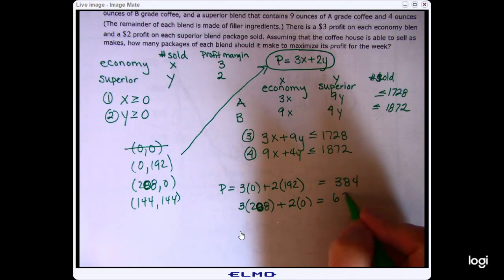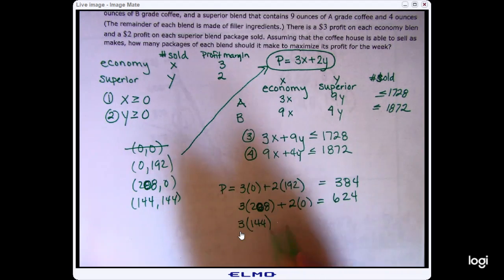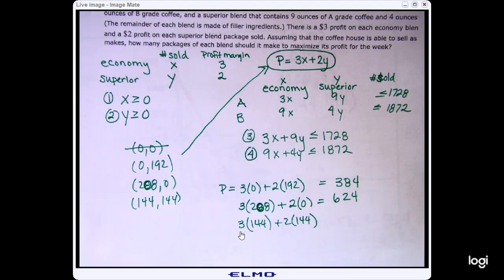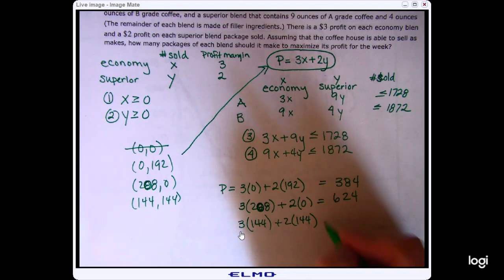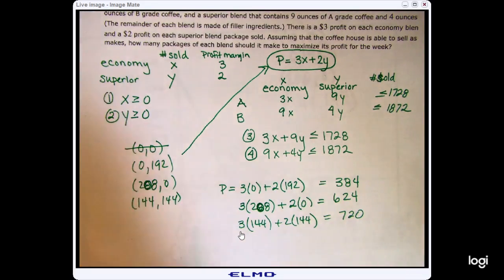All right, so far that's our winner. And we'll try that last point. 3 times 144, and then plus 2 times 144, we get a profit margin of 720. How many packages of each blend should be sold to maximize the profit?